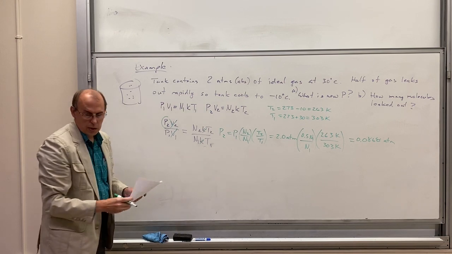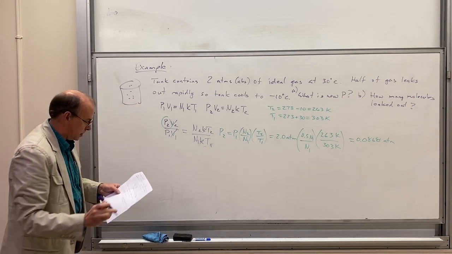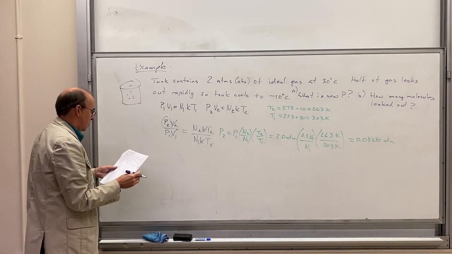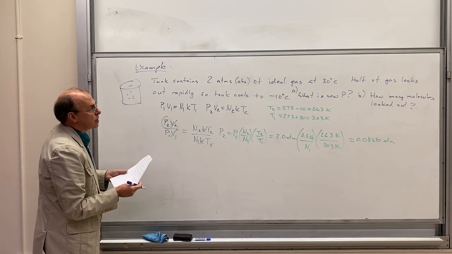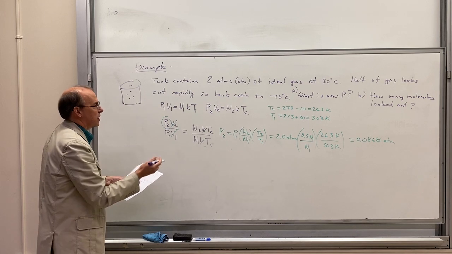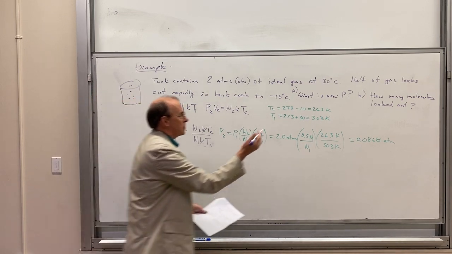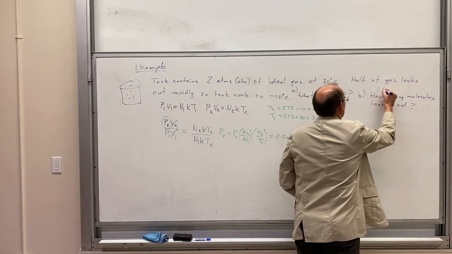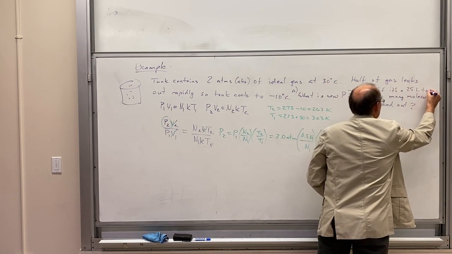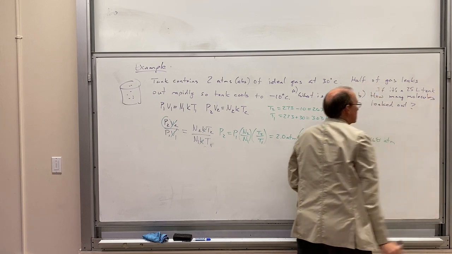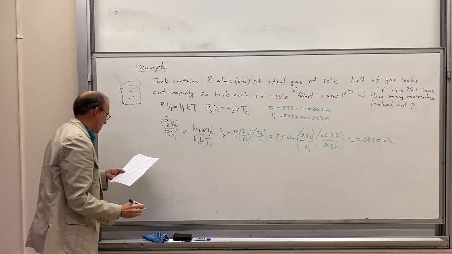Now I also wanted to know how many molecules leaked out. So for that I actually have to know how big the tank was. And I didn't specify that, so let me go back and change the question. If it's a 25-liter tank, how many molecules leaked out?